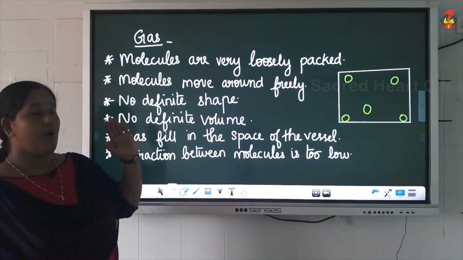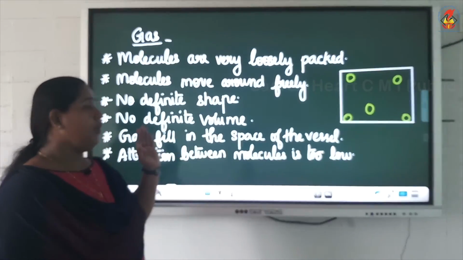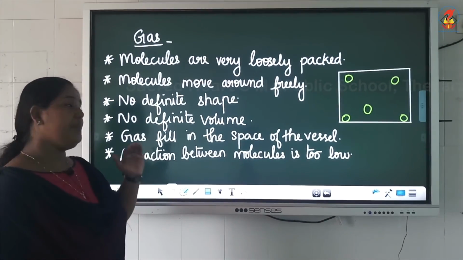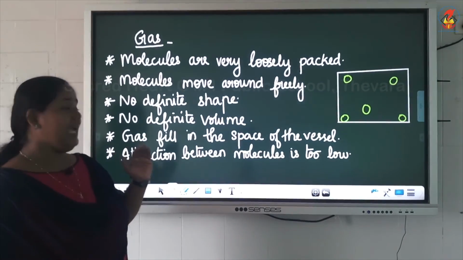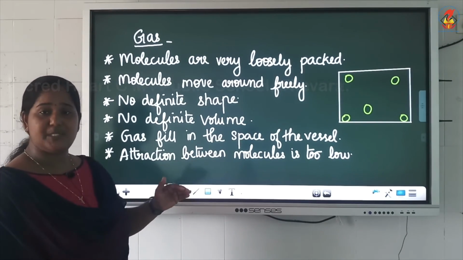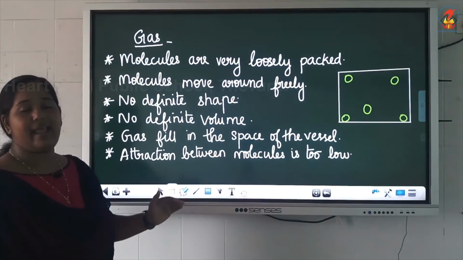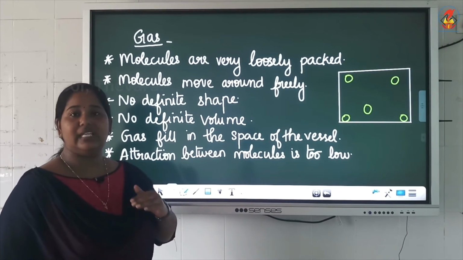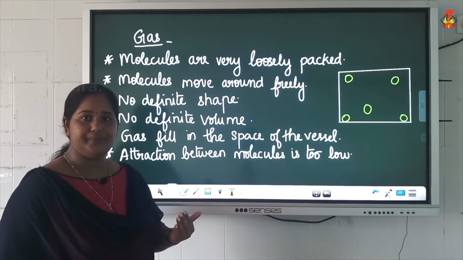So, in gases, molecules are very loosely packed, molecules can move around freely, no definite shape, no definite volume. Gas fills the empty space or the space of the vessel, and attraction between the molecules is the least. So, these are the three states of matter.